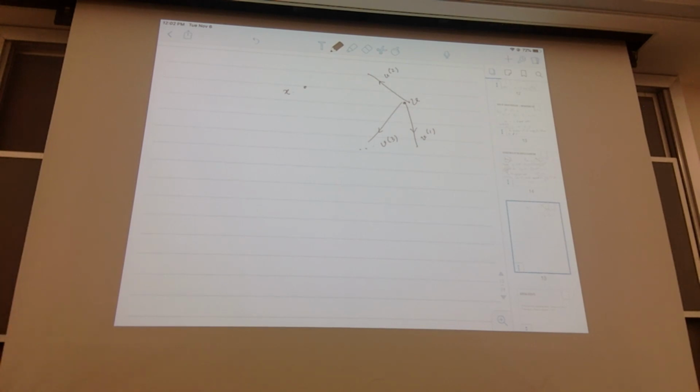Let's look at X minus V, so that's this vector. Firstly, I want to claim that you can write it as some combination of these Vi's: the sum over i of alpha i Vi, where the alphas are not necessarily positive. So why is this?